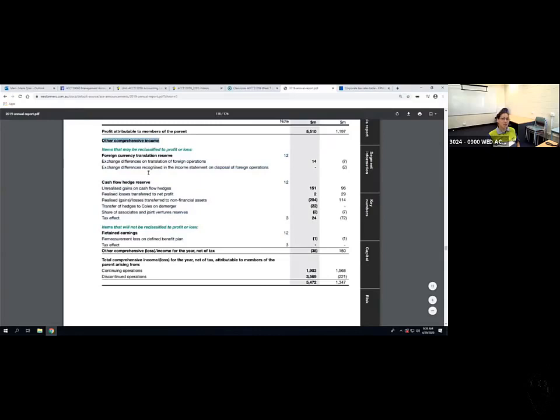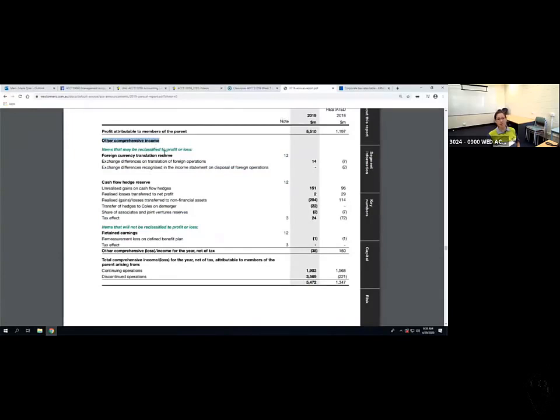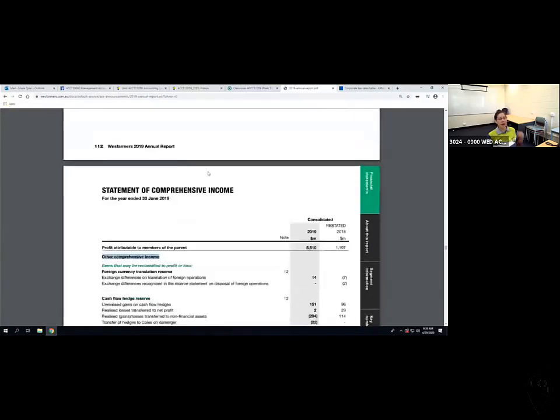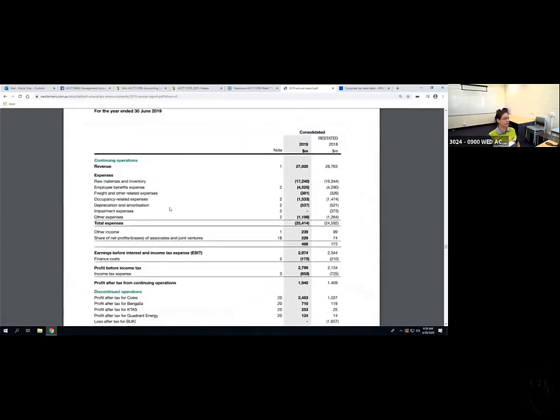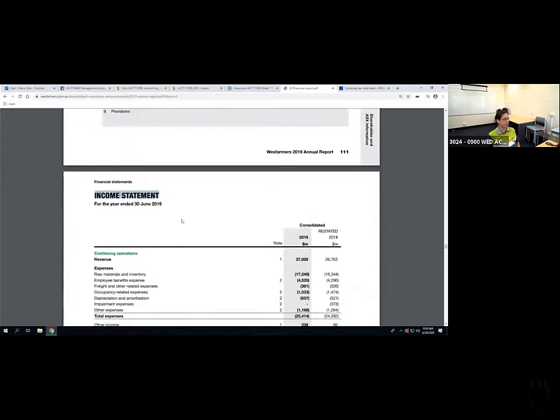So the definition we're going with in our unit is other comprehensive income is all of the items of value that change the net assets of a firm that aren't revenues and expenses. If they're revenue and expense, they go into your income statement.